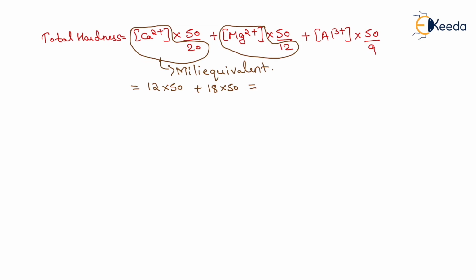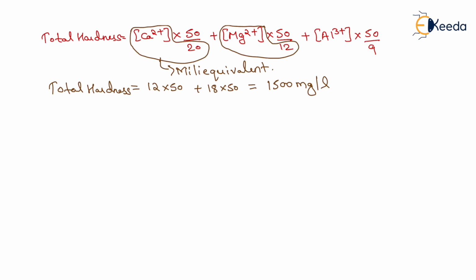Now we solve this equation and we get the value as 1500 milligram per liter, which is the value of total hardness. Okay. Now you put the value in milli equivalent per liter, but from this formula you will get the total hardness in terms of milligram per liter, which is equal to 1500 milligram per liter.